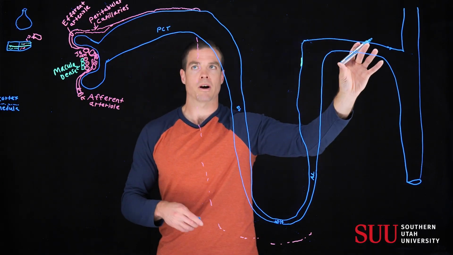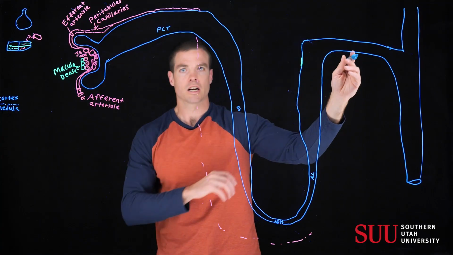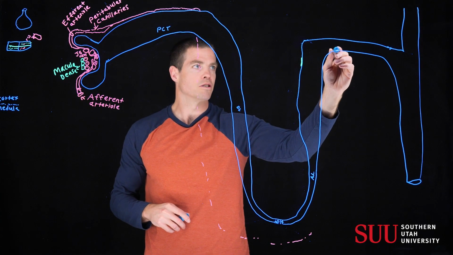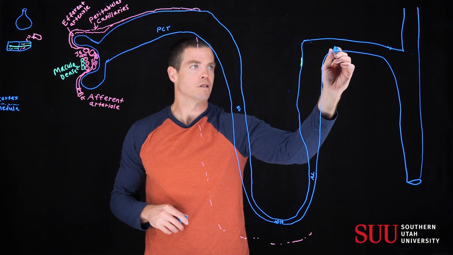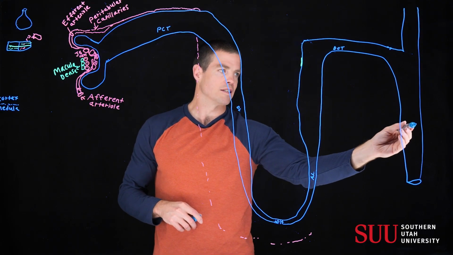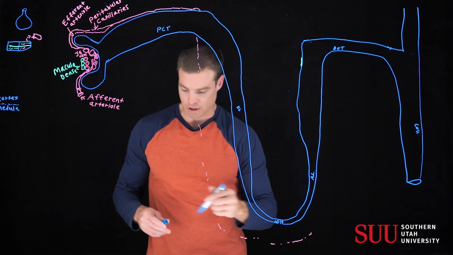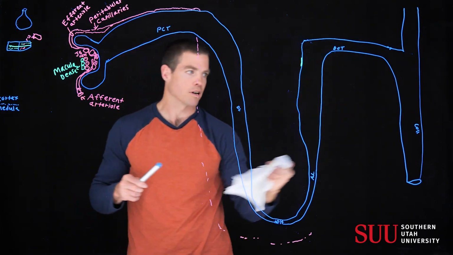And then it turns into this part. This one's further away from over here, so instead of proximal, it's going to be called the distal convoluted tubule. Okay, so we can just put distal convoluted tubule. And then over here, we have the collecting duct. Okay, I'll put just CD for collecting duct.